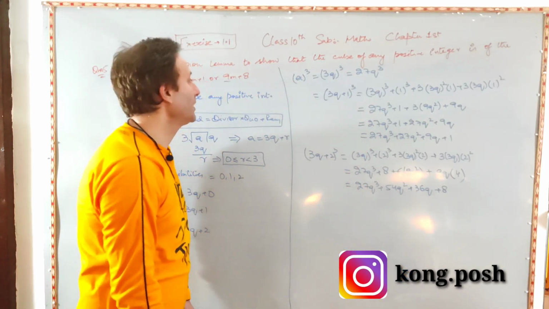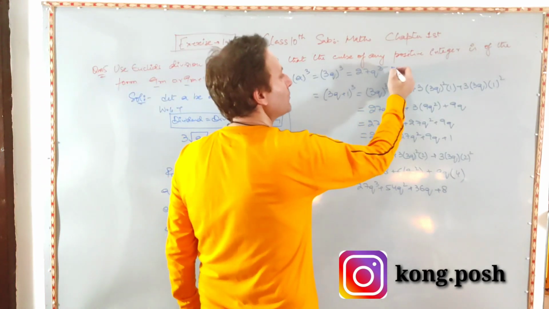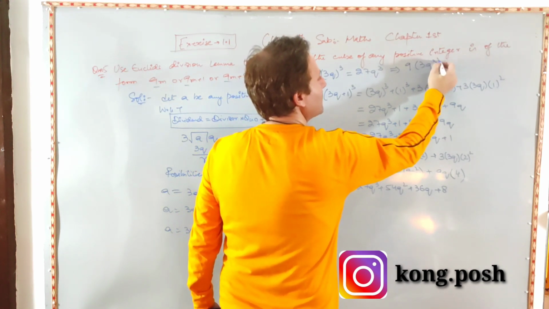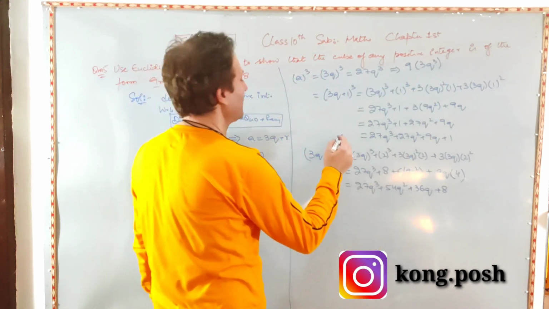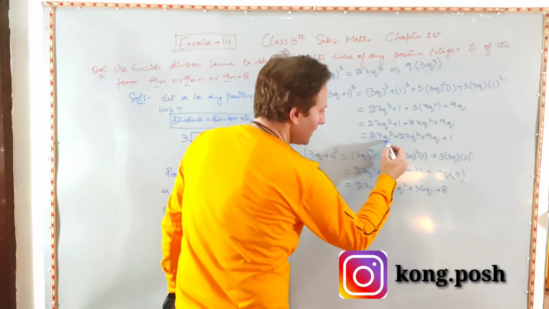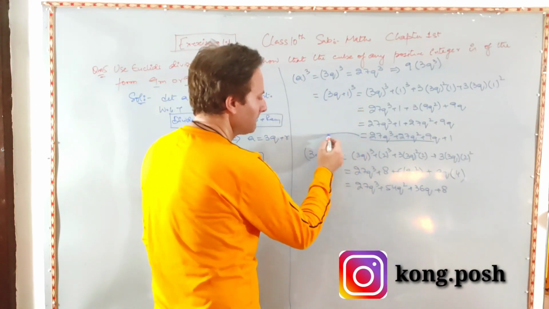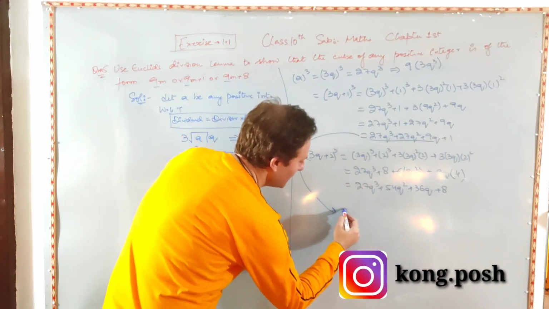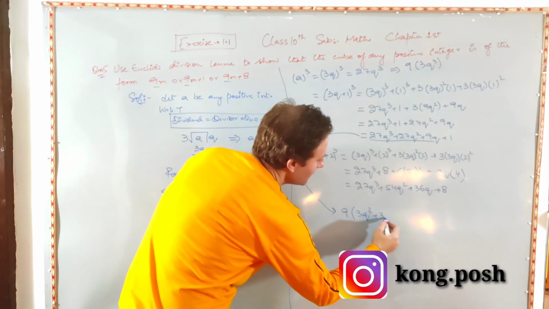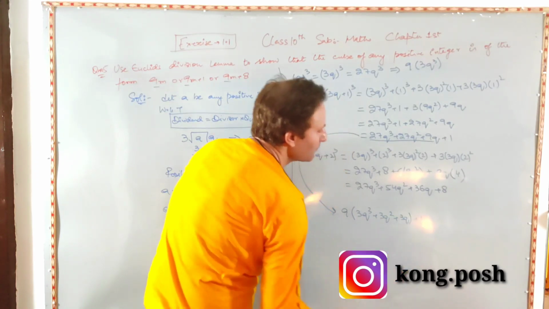Okay, so now what is required? I have to have 9m. So I can do one thing here. I'll put 9 times 3q cube here. Then what is required is 9m plus 1. If I take 9 common from these three, it becomes 9 times 3q cube plus 3q square plus 3q, and then plus 1.